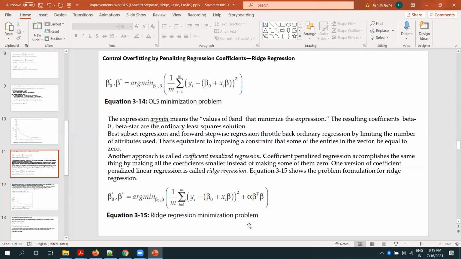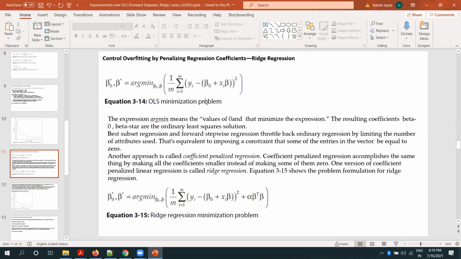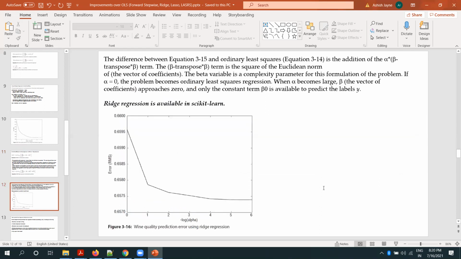Now, ridge regression changes this equation from mean squared error, MSE, to MSE plus some penalty. This is the penalty: alpha times beta transpose beta. One point to note over here is that ridge regression is available in scikit-learn.